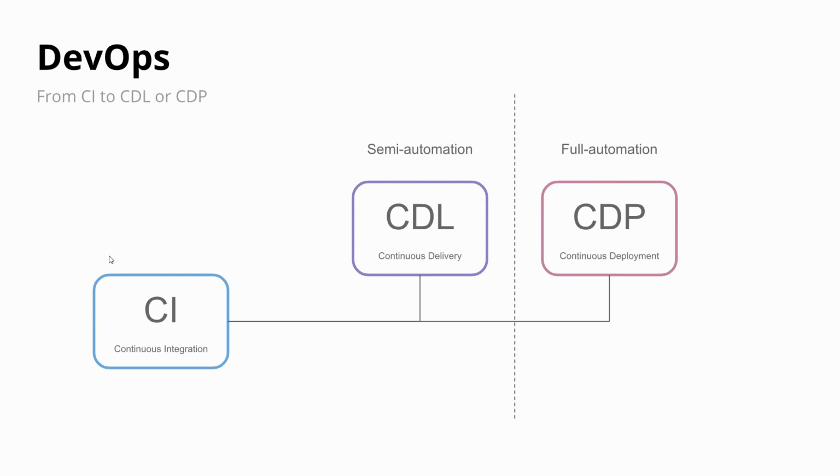The difference between them is that continuous delivery is semi-automated, while continuous deployment is full automation. Which one to choose will depend heavily on the context of your company and the decision-making process of whoever is in charge of making sure that things work and deciding whether something reaches production or not.